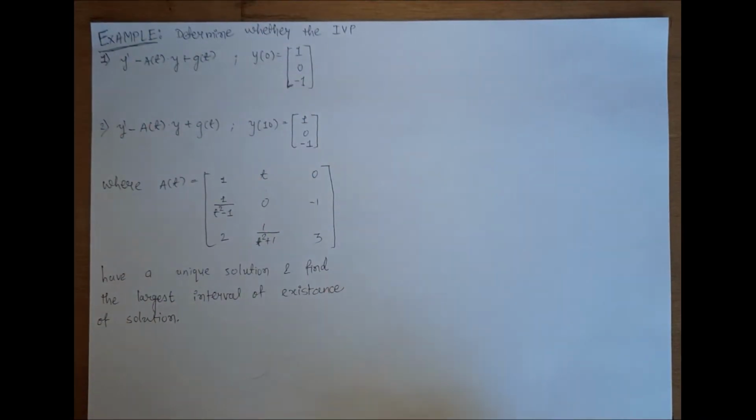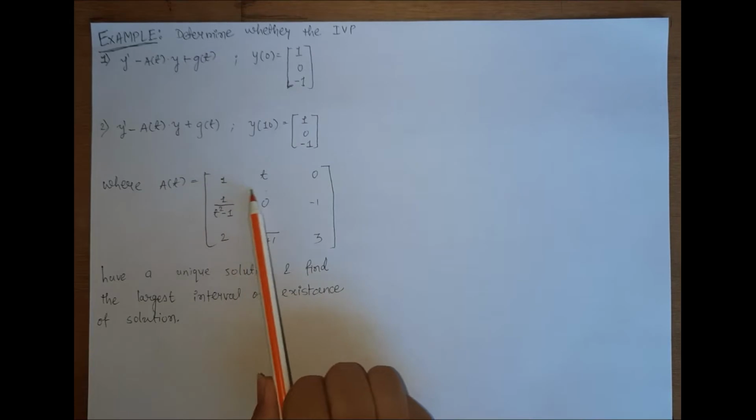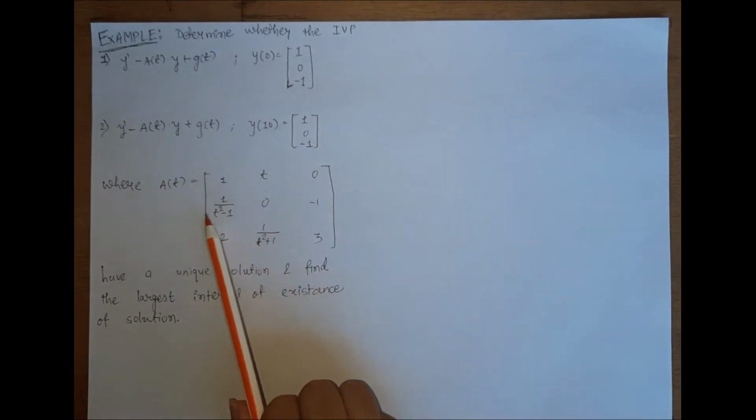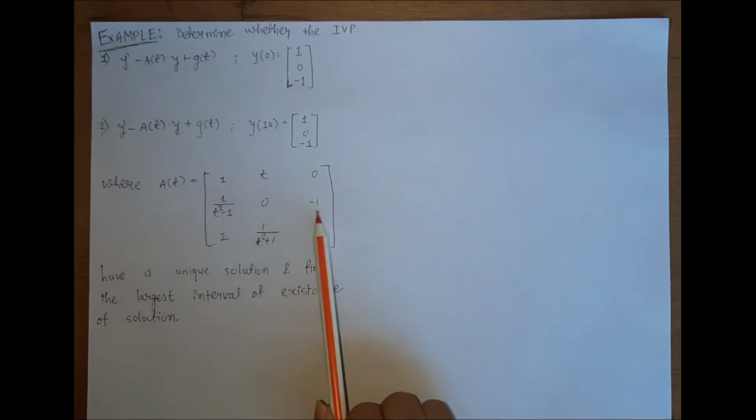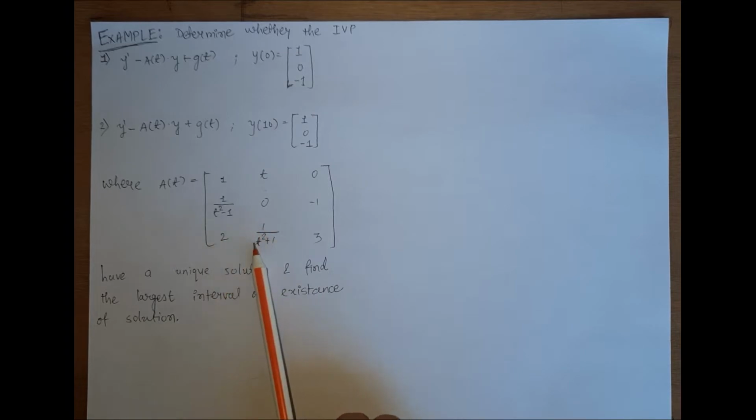And A(t) is given by the rows (1, t, 0), (1/(t^2 - 1), 0, -1), (2, 1/(t^2 + 1), 3), which is a 3 by 3 matrix. Now we will find whether the solution is unique or not, and the interval in which the solution exists.